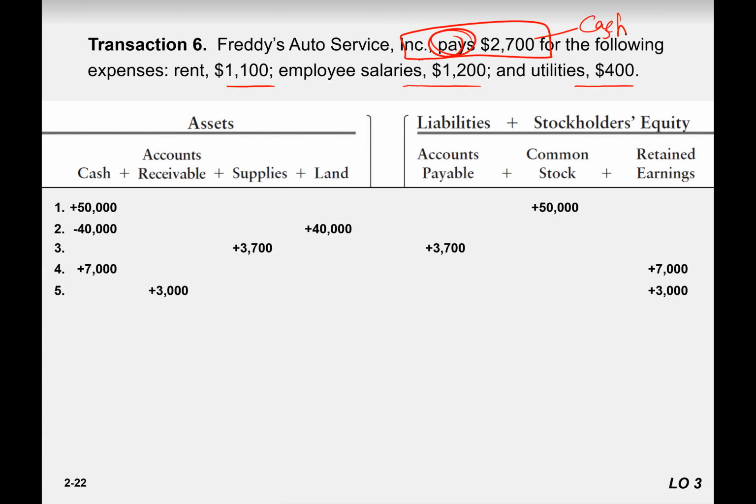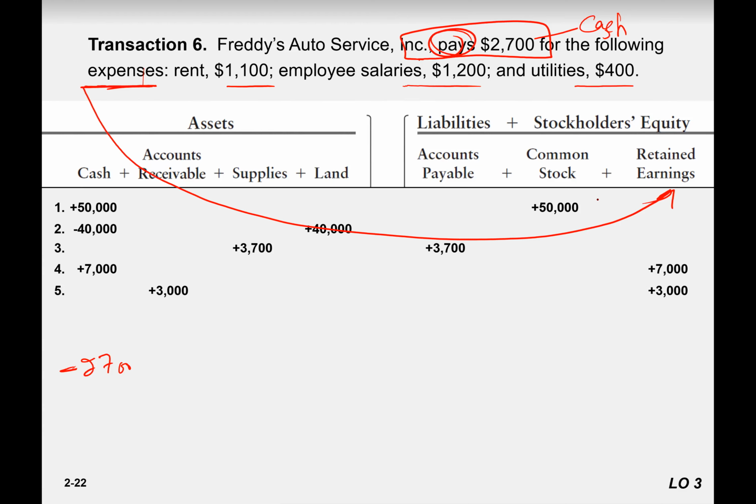So when they pay cash, does cash decrease or increase? Cash decreases. Well done. They pay cash for expenses. Expenses are a part of retained earnings, right?